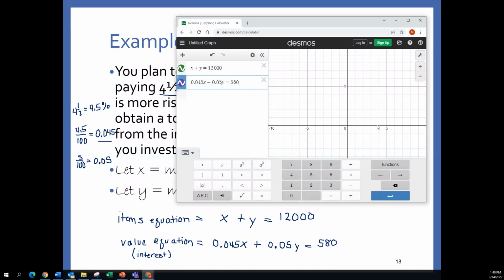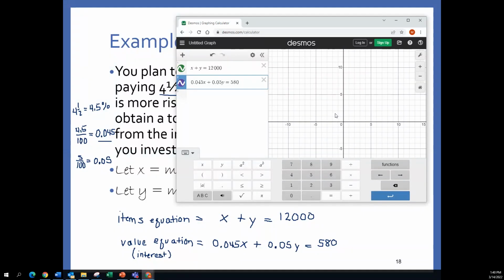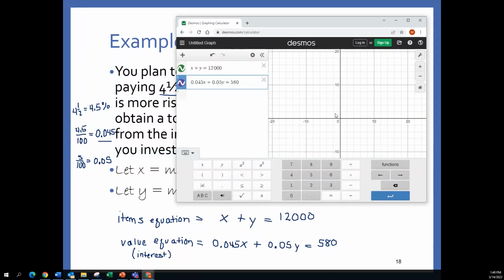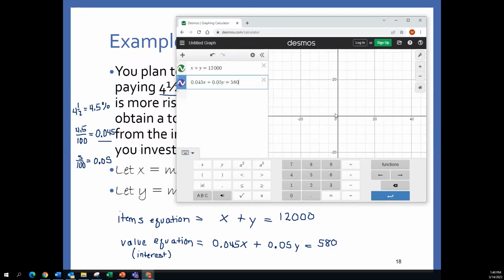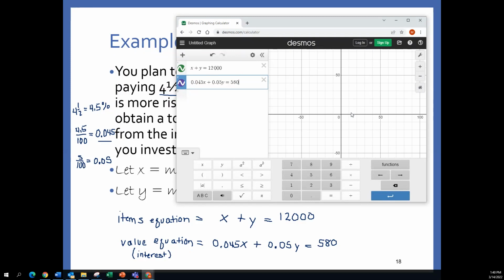Now you'll notice that I don't see anything over here on my screen, but as I was typing in my coordinate plane here, I did see little glimmers of things. So they're there, they're just not in the window that I currently have. So I'm taking my mouse and I'm scrolling down with my mouse, which is helping me to zoom out. I can also do this with the plus minus buttons over here.